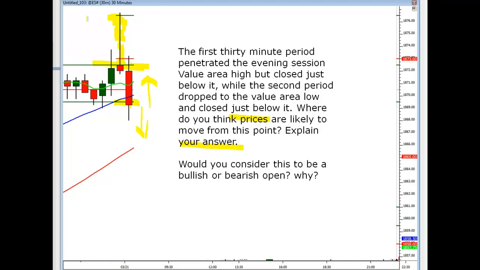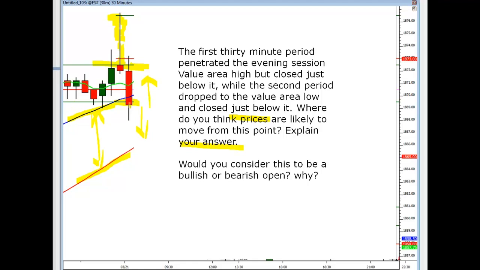Well, based on the information that we have before us, there are a couple of other interesting things that we should note. First of all, notice the strong uptrend. And how do we know that? Look at my 20 above my 50 and look at the gap between the two of them. They are almost parallel to one another. That is a very bullish signal, or a very bullish pattern.